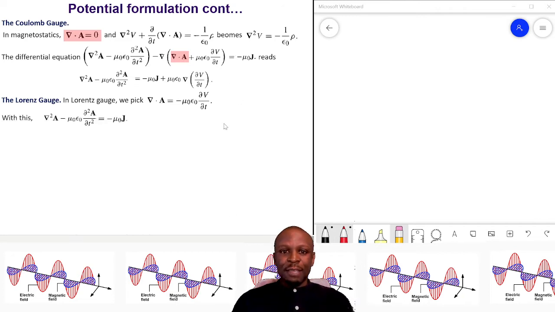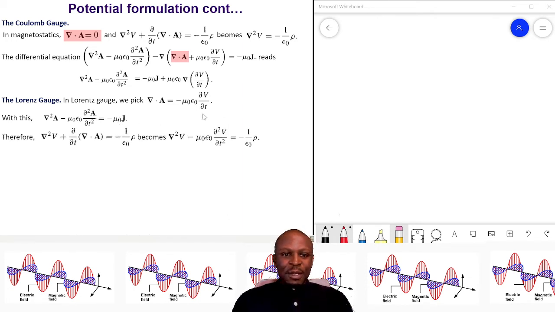And then, if that is the case, we are just going to have this term here, this term, and this other term there. Right. Now, therefore, the Laplacian of the potential, this equation here, will just become this equation here.